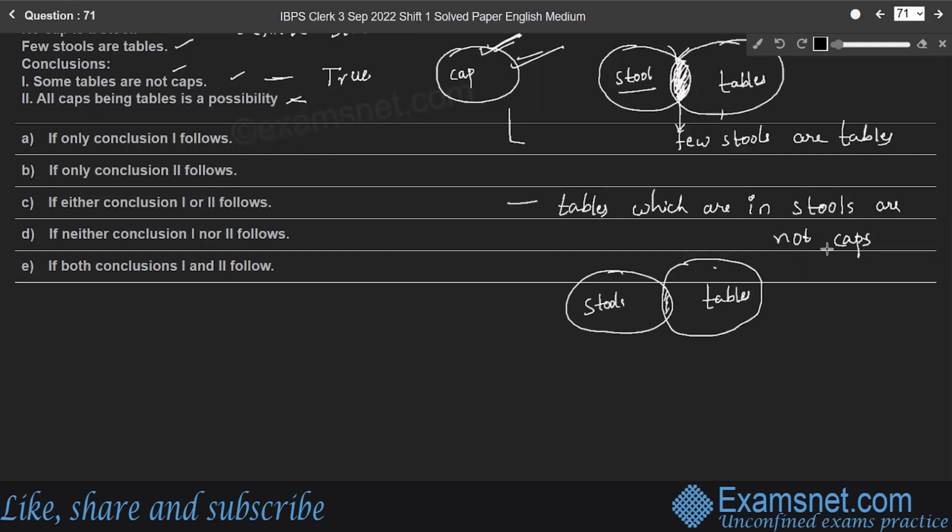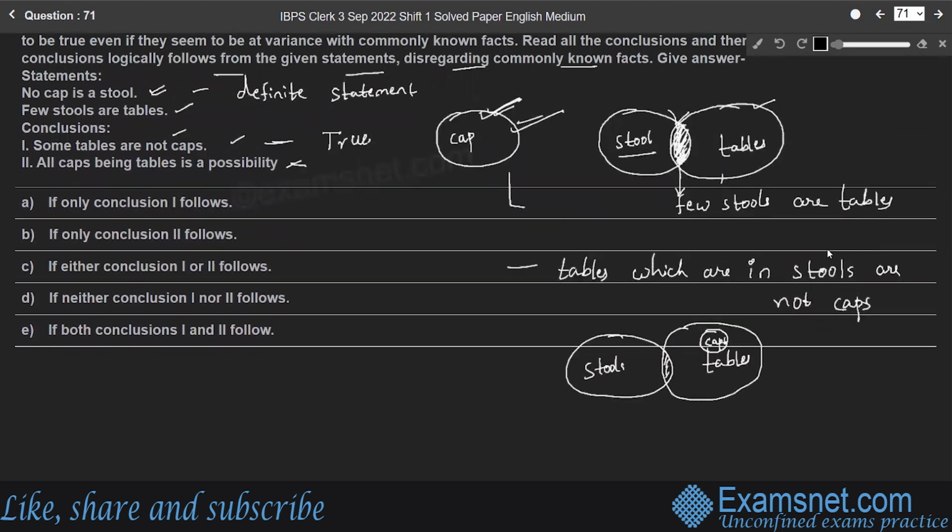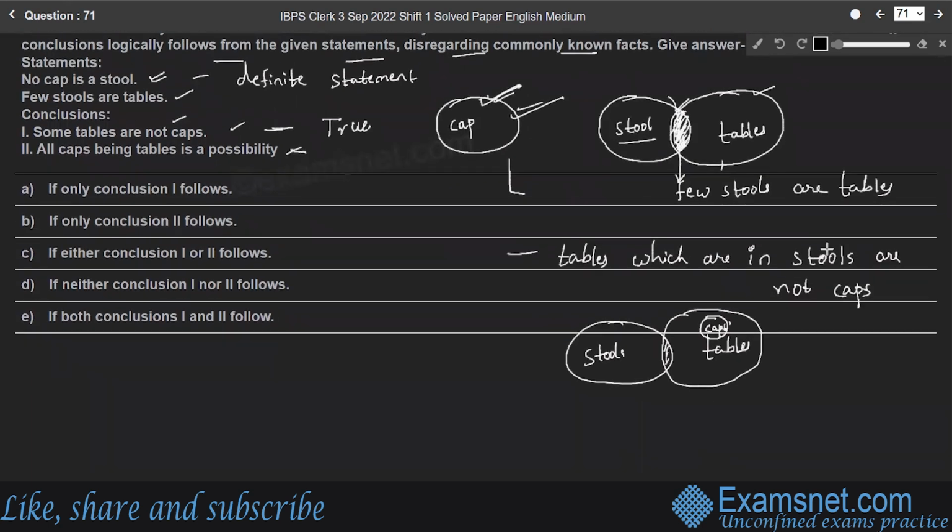Here, all caps being tables is a possibility. By statement 1, no cap is a stool and few stools are tables. So there is a possibility of all caps being in tables, right?